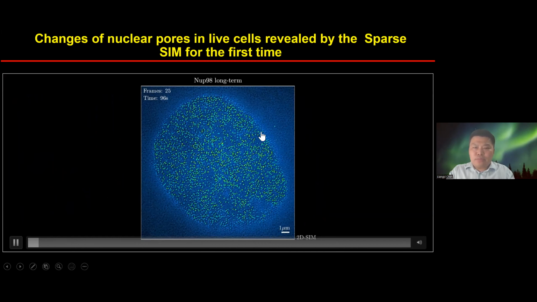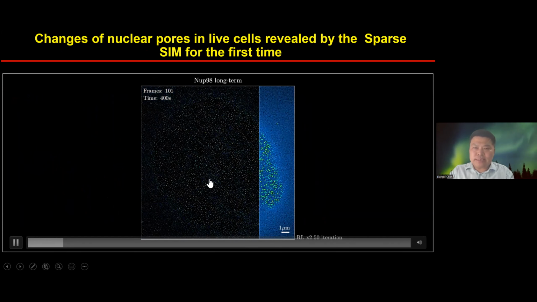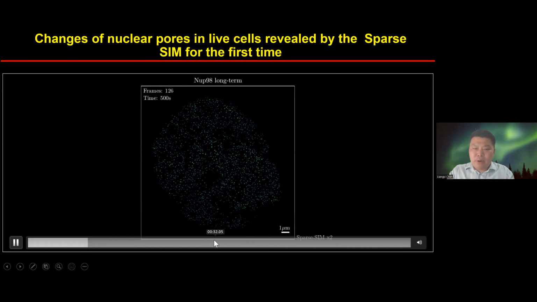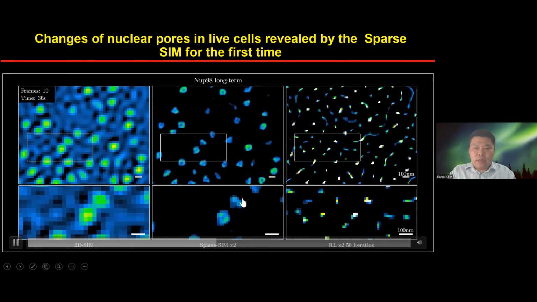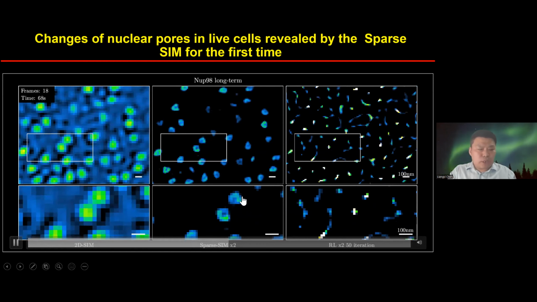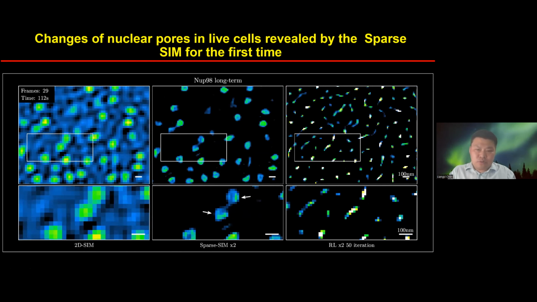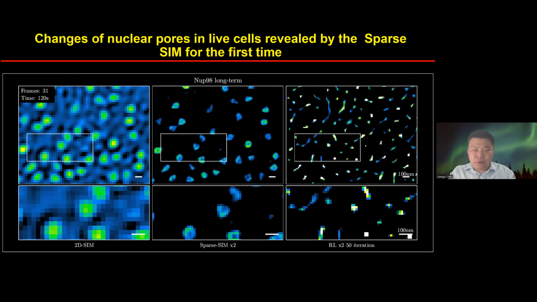We also benchmark on the nuclear pore-like structure, because it's inside the cells and on the nuclear membrane. We show here that we can resolve this ring-like structure of the NUP98 labeled structure, and we can image them for like an hour to see how their shape fluctuates on the nuclear membrane.